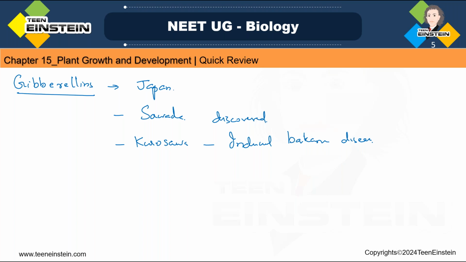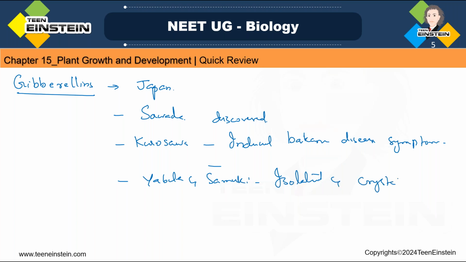Bakanae disease symptoms in healthy seedlings of rice by applying the extracts of this fungus. Then Yabuta and Sumiki isolated and crystallized this substance and gave the name gibberellic acid.